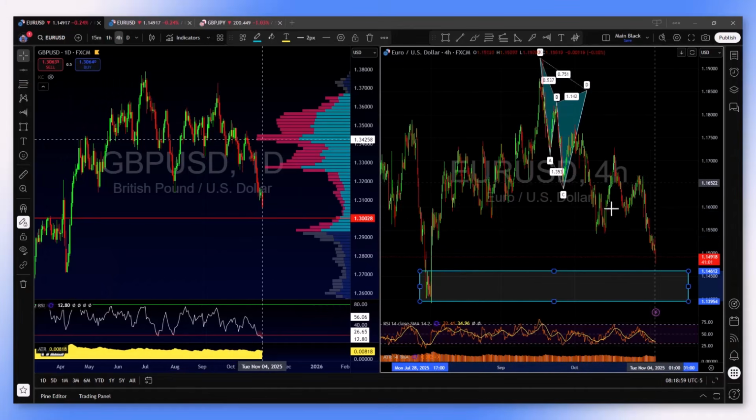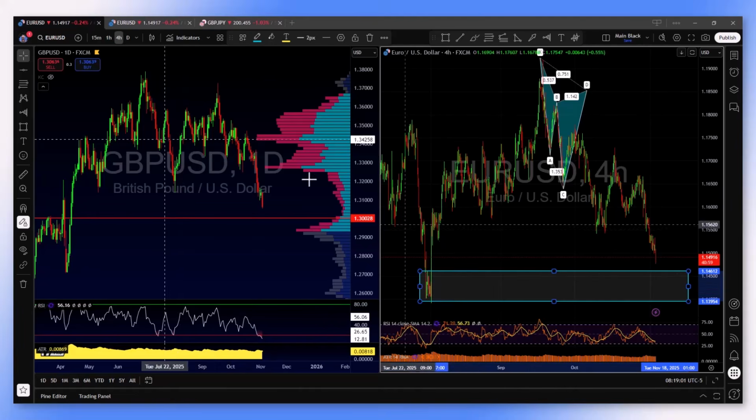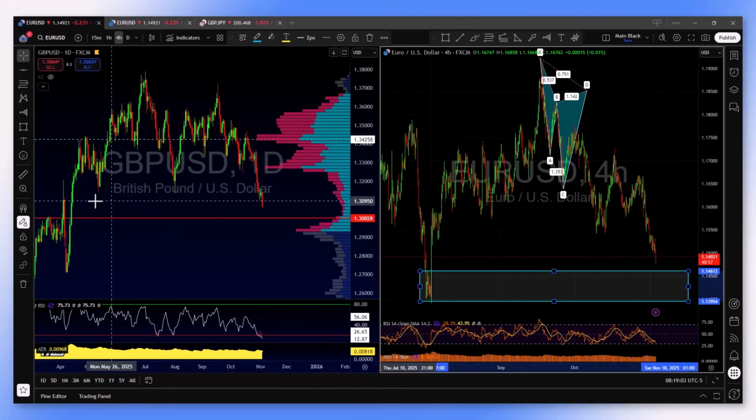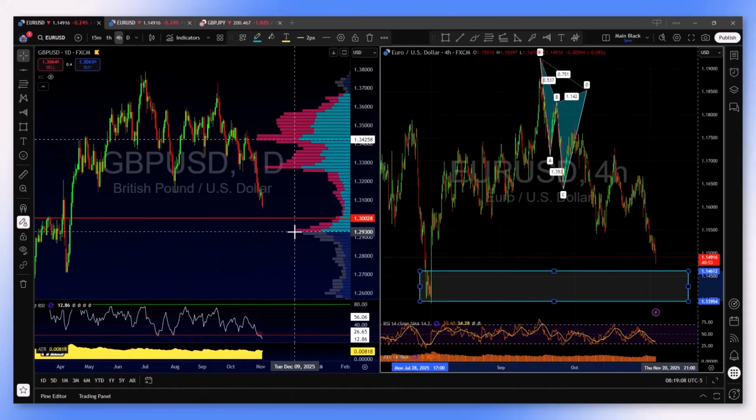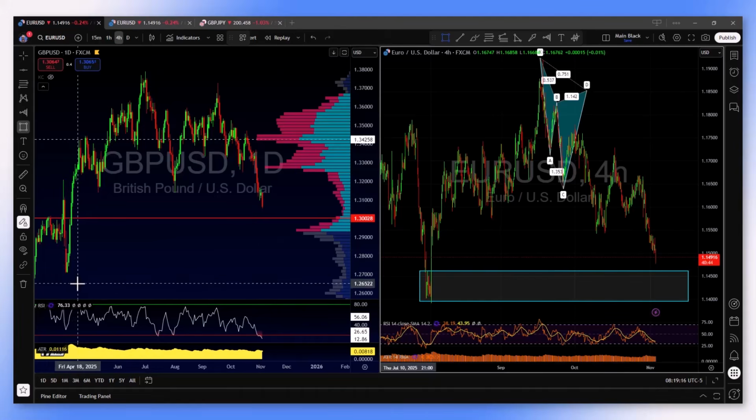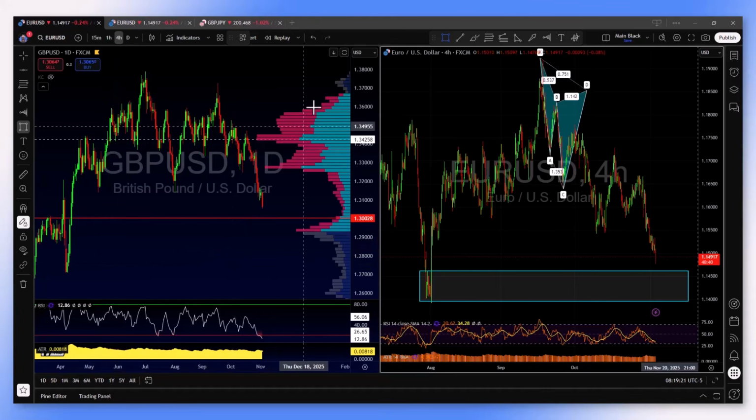Outside, yeah. Outside level of structure. Where is our outside level of structure here on pound dollar? Is it at this red line, the level that we're predicting price to go to? No. Our outside level of structure isn't until all the way down here, nestled between 128s and 127s.